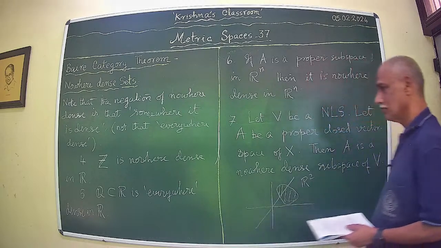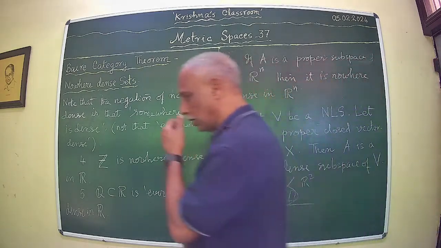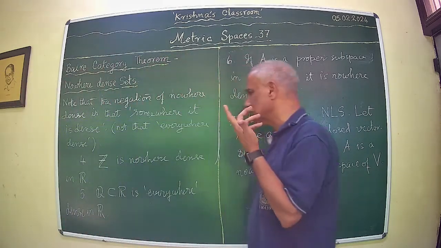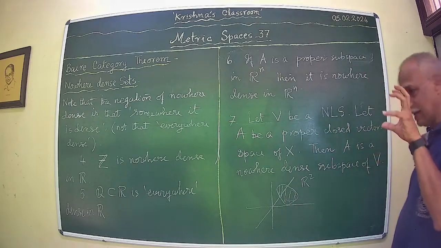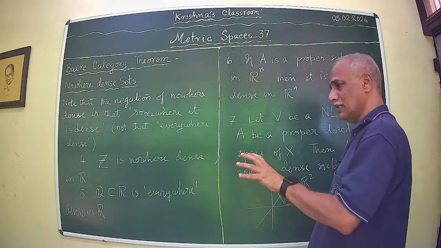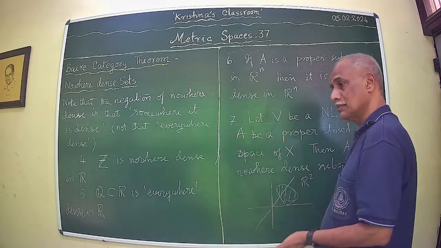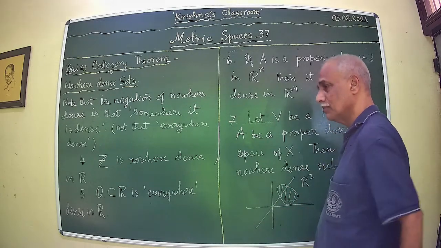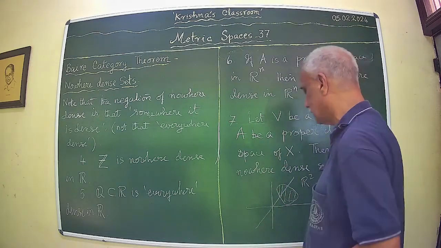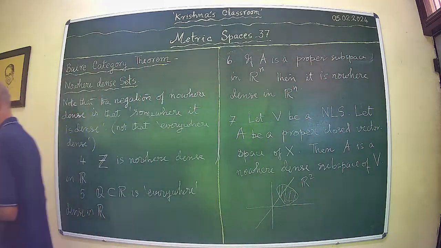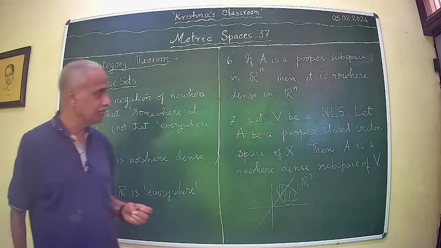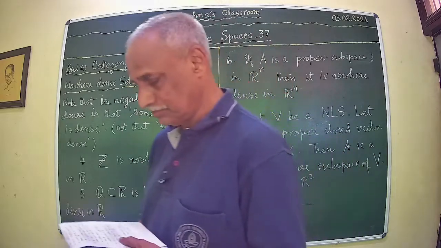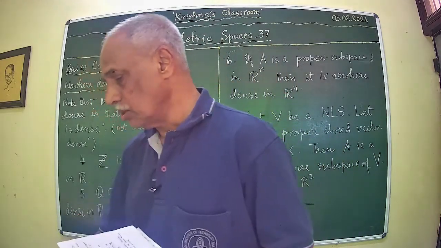So it's the same case. When you take a normed linear space and a proper closed subspace of that, say call it A, then you take an open set in the normed linear space. No subset of the proper subspace can become an open set. That's the point. So this is nowhere dense.